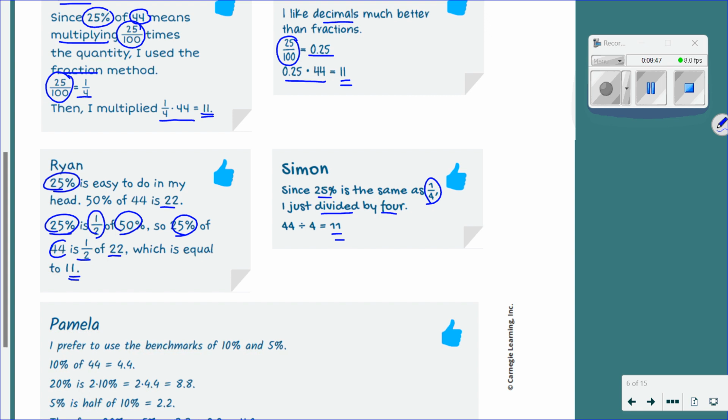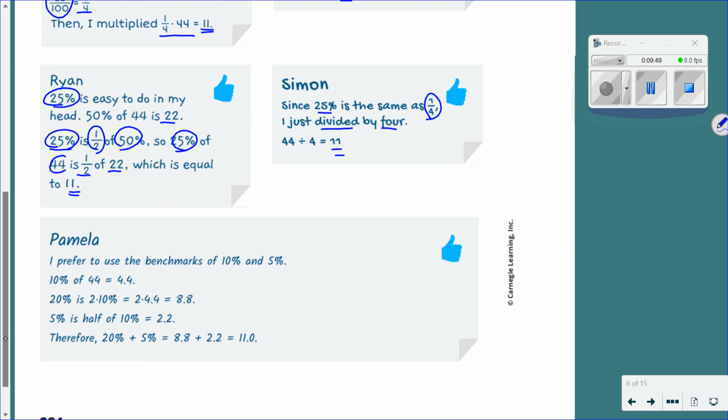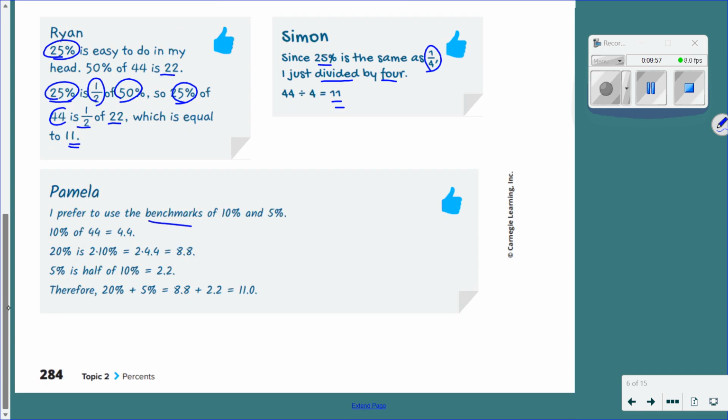Pamela says, I prefer the benchmarks. So, for all of you that didn't do your benchmarks last night, watch again. Here's another chance for you to see how this works. She said 10% of 44 is 4 4/10. 20% is 2 of those. So that gives me 8 8/10. Then 5% is half of the 10, so that's 2 and 2/10.